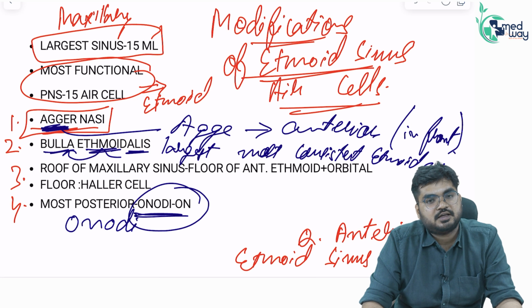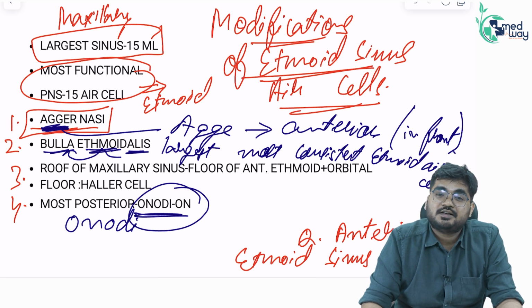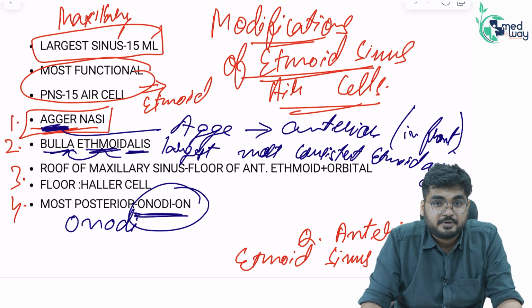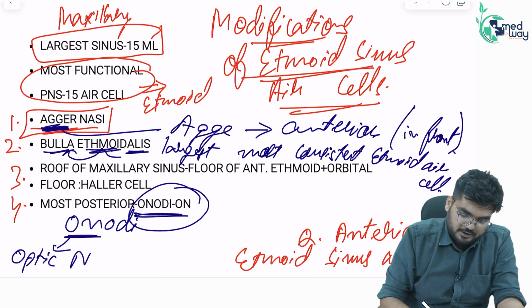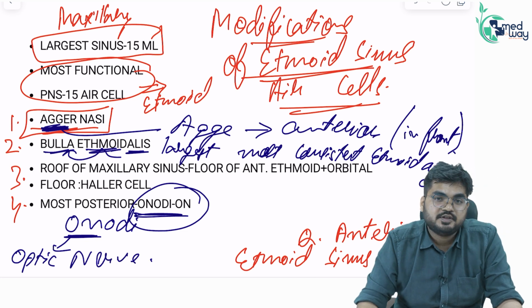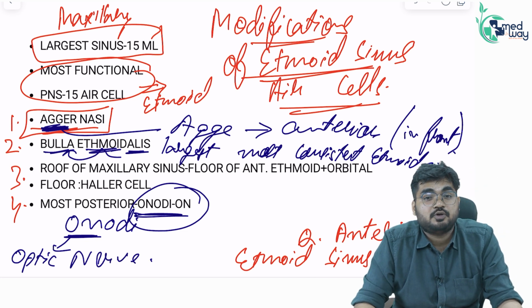How do you remember it? The first two letters of Onodi, O and N, you can see as optic nerve, a fine mnemonic. Onodi cell is present in close proximity to the optic nerve.